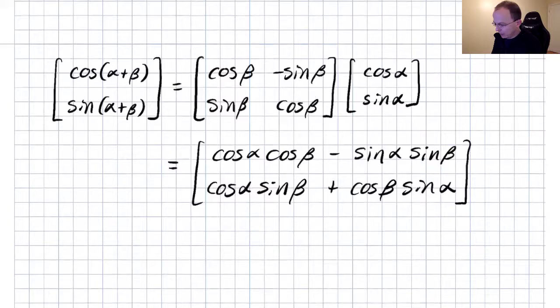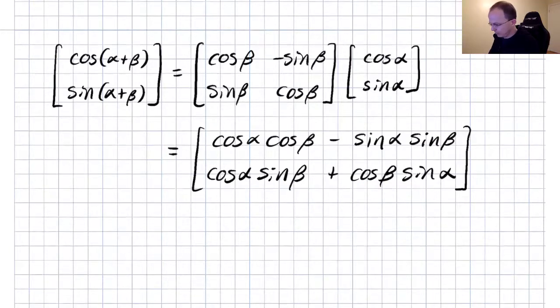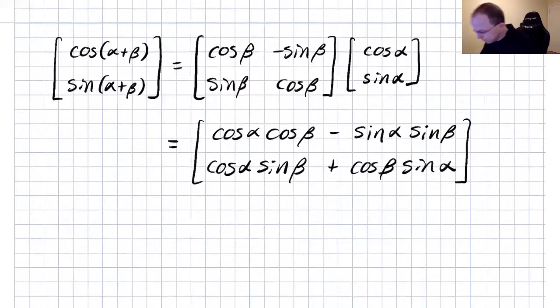And now we're getting a couple of useful trig identities. We're getting that cosine of alpha plus beta is equal to this, and sine of alpha plus beta is equal to this. And these are the identities that we need in order to get these product to sum identities.